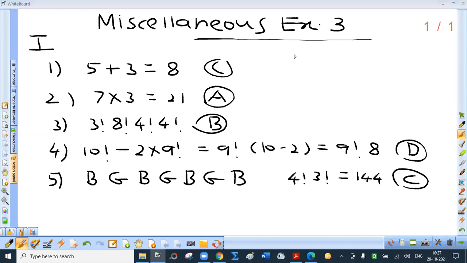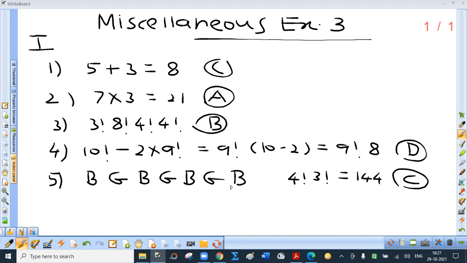Last one, means 5th one, so that you can write the solutions. In how many ways can 4 boys and 3 girls be seated in a row so that they are alternate? See, number of boys is not the same as number of girls. They are supposed to sit alternately. So arrangement is to begin with a boy.